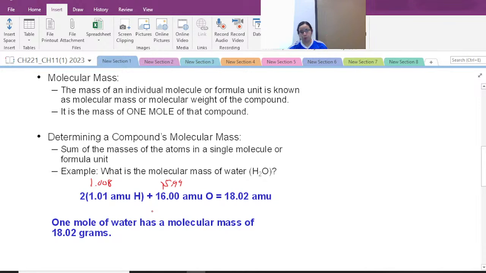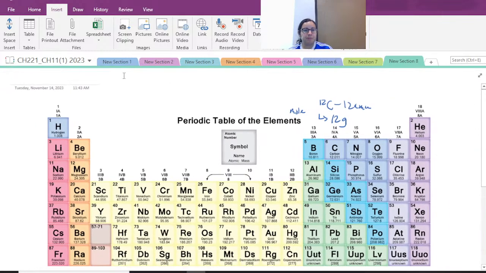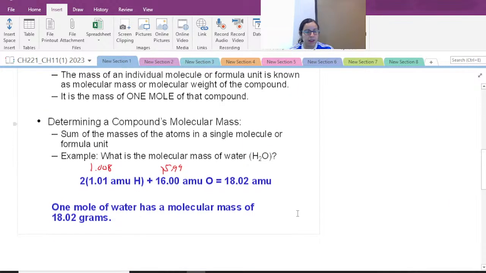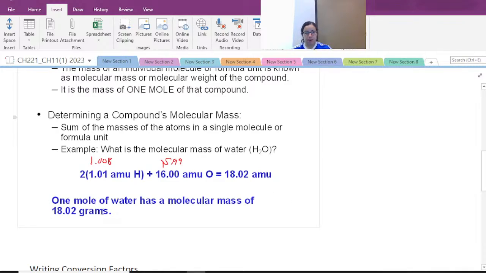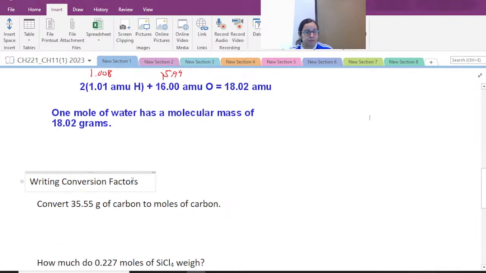I'm just throwing it out there that people are going to have slightly different numbers depending where you pull it from. But all we do is add up everything from our periodic table, multiply it by the appropriate amount, and then get our mass. And if it's 18 AMU, then 1 mole of water has a molecular mass of 18.02 grams. So that's pretty nice.